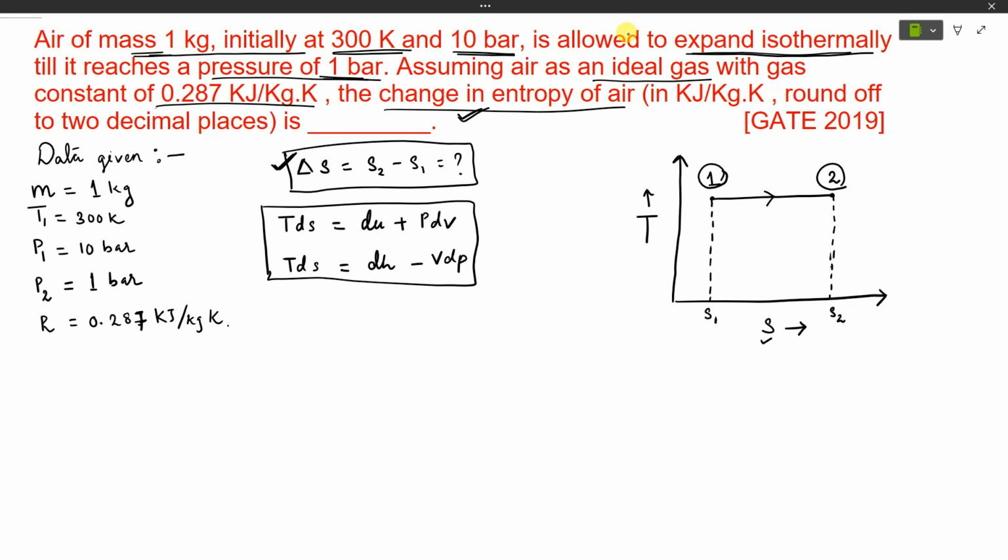These TdS relations are further modified into delta S equal to Cv ln T2 by T1 plus R ln V2 by V1. This expression we get from the first TdS relation.